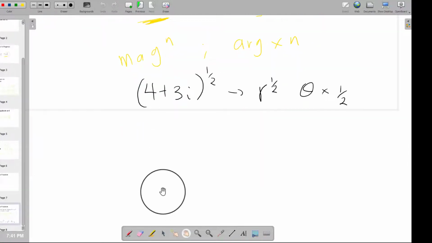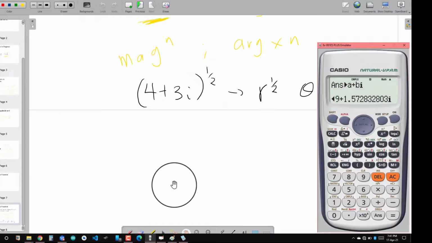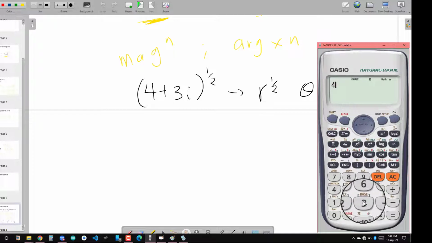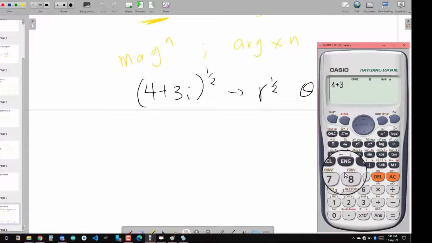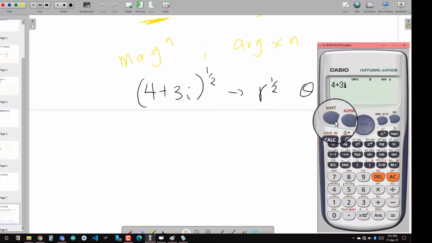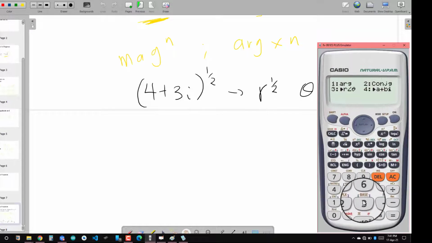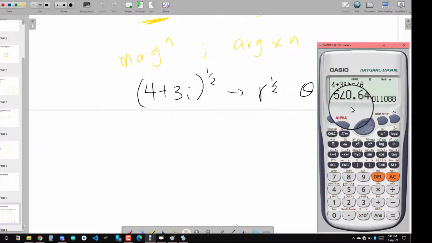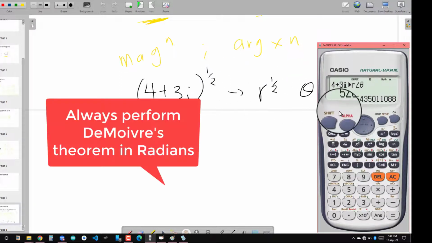And then we use our calculator to do the conversion once more. We've done that so many times: 4 plus 3i converts to complex polar 5 angle 0.64. Always do this in radians.